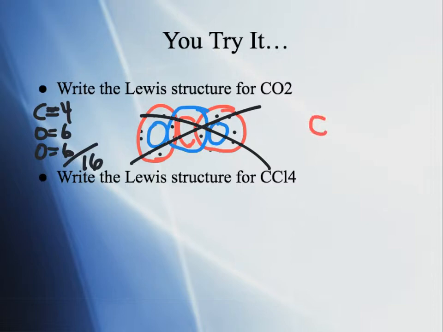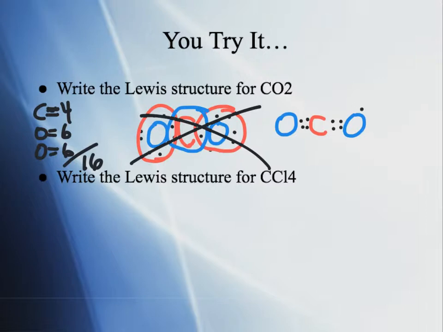So carbon, oxygen, oxygen. So perhaps, if carbon was 4 short, that means he's got to have 4 extra. So that probably means we're going to have double bonds. So 1, 2, 3, 4, 5, 6, 7, 8. Okay, so now carbon's set. He's got 8 around him in his octet.